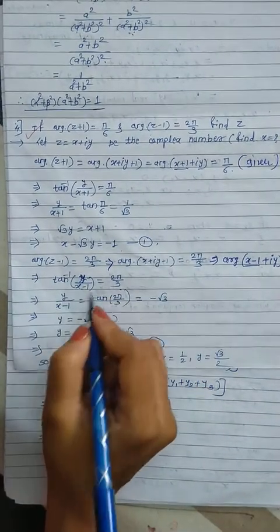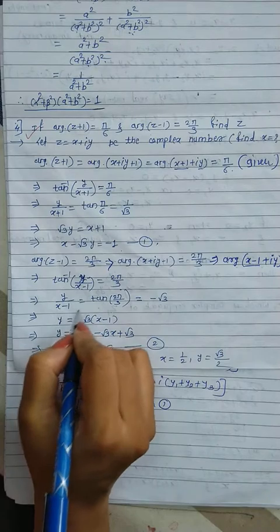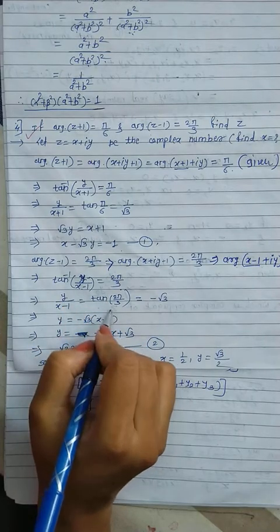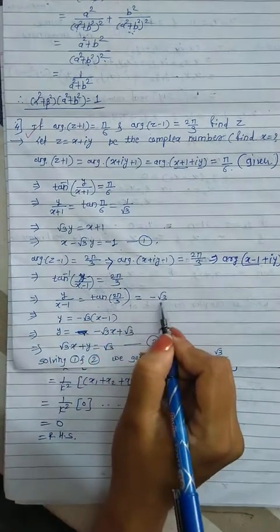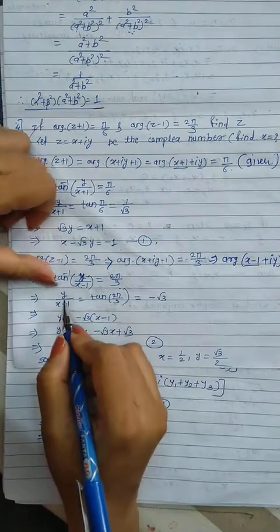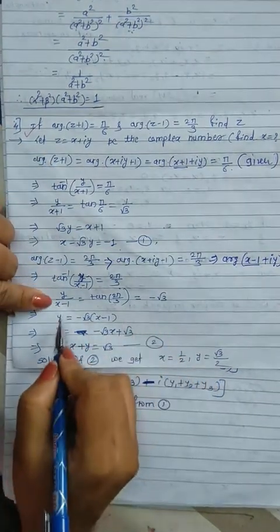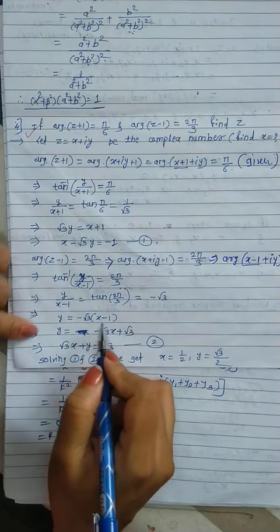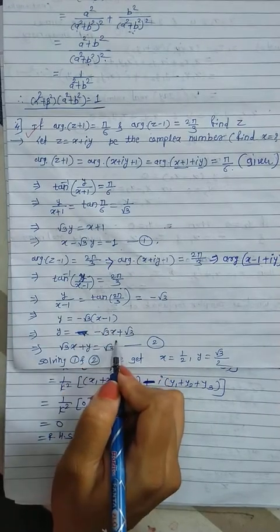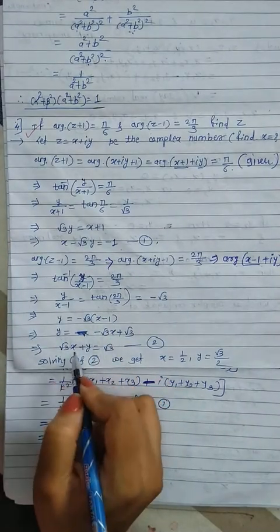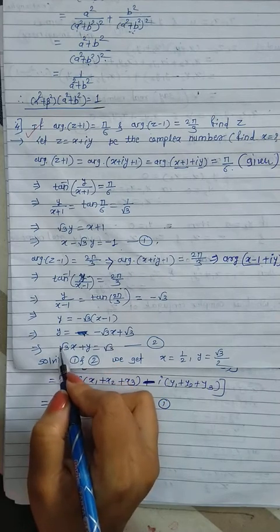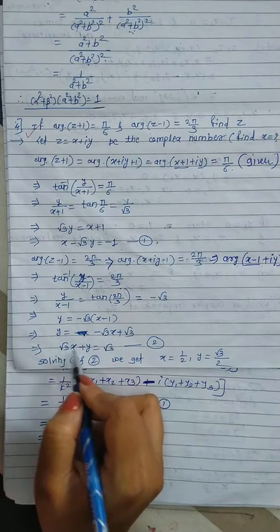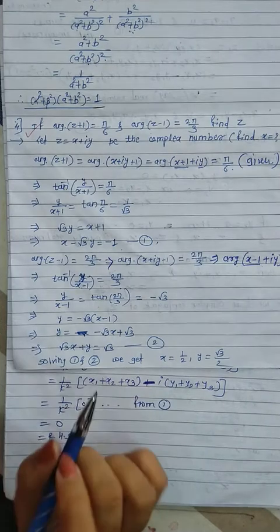Now take tan on that side, y upon x minus 1 is equal to tan 2 pi by 3, whose value is minus root 3. Now y is equal to minus root 3 times x minus 1. Bringing this term to the LHS, we get root 3x plus y is equal to root 3.